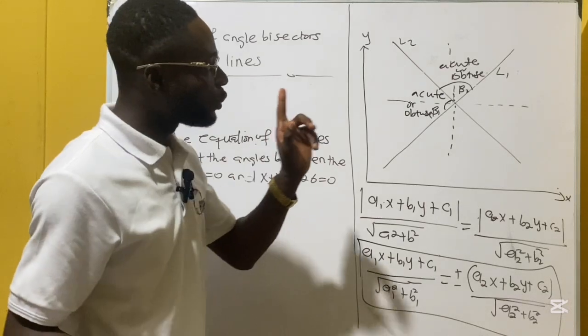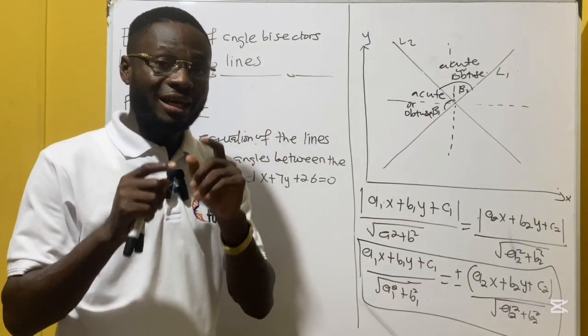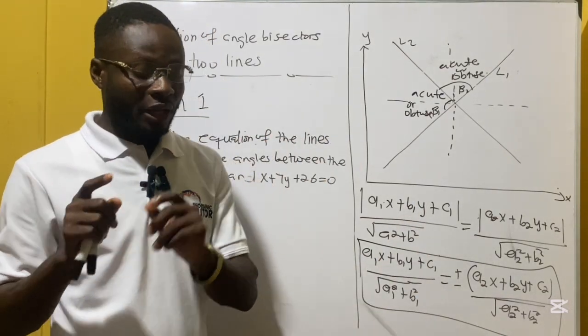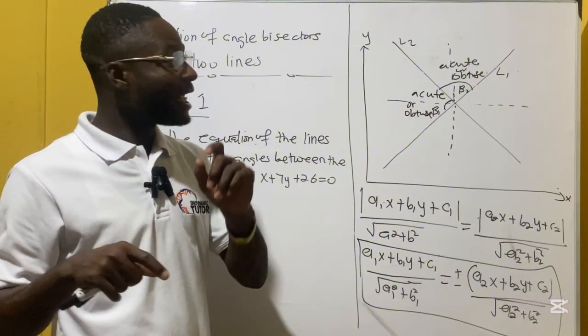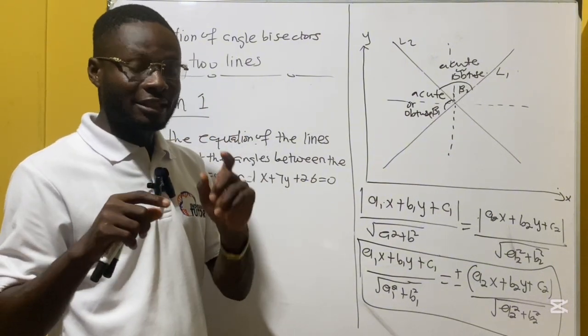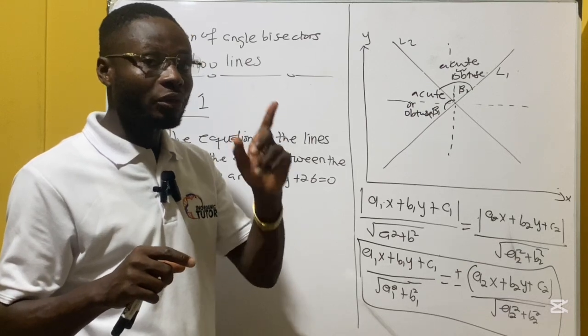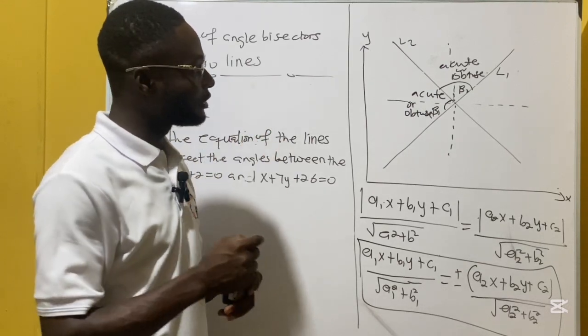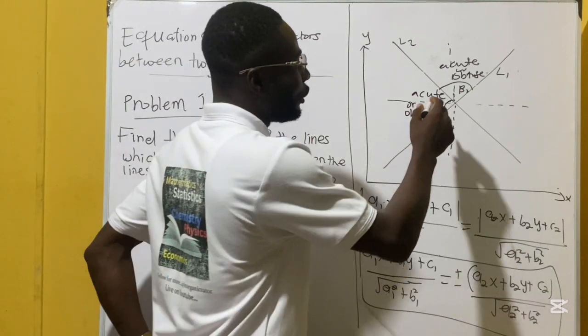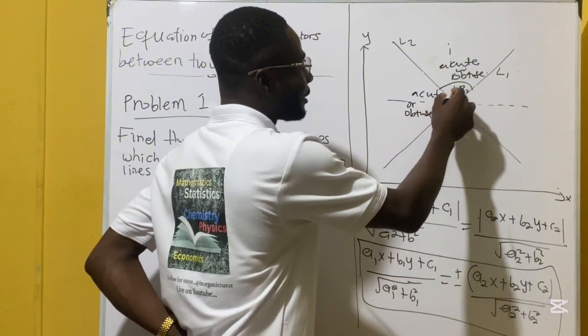Okay, so in here we let x and y denote any point on any of the bisectors. So you know that these are the bisectors.